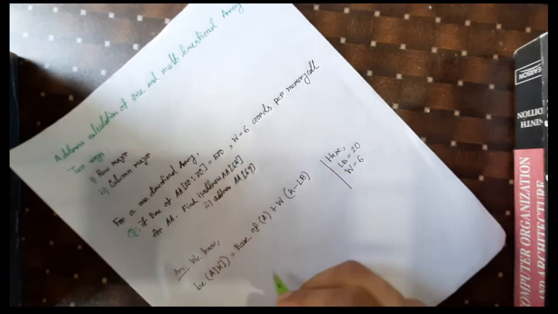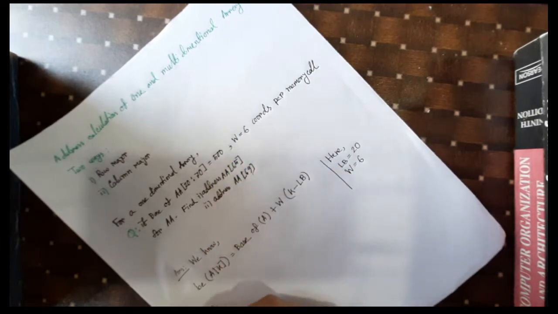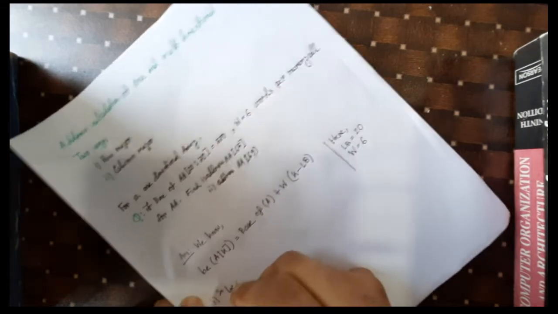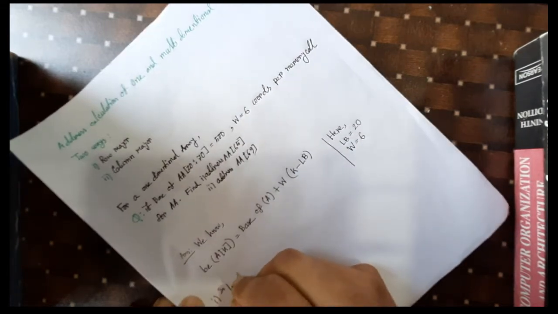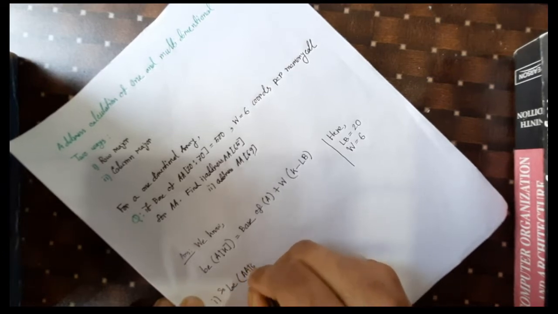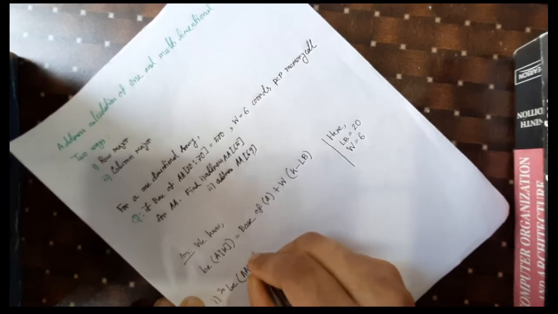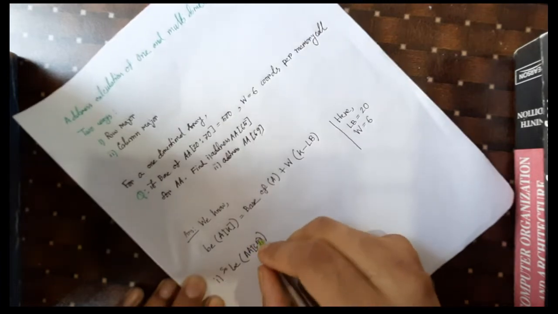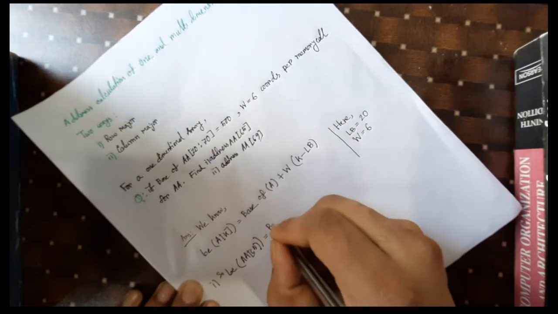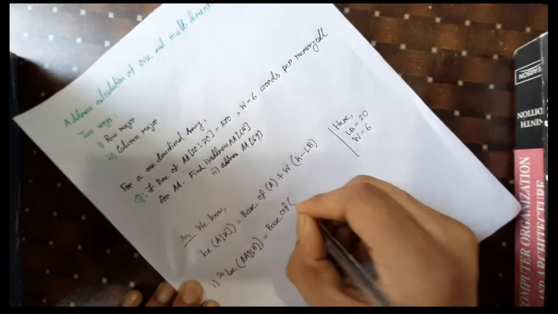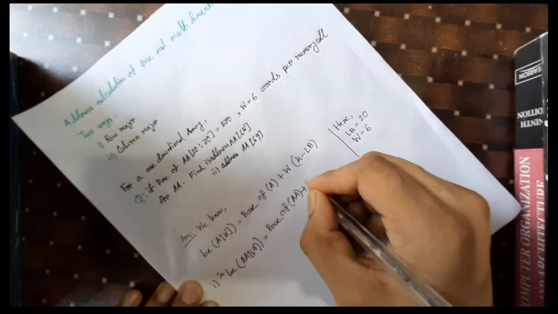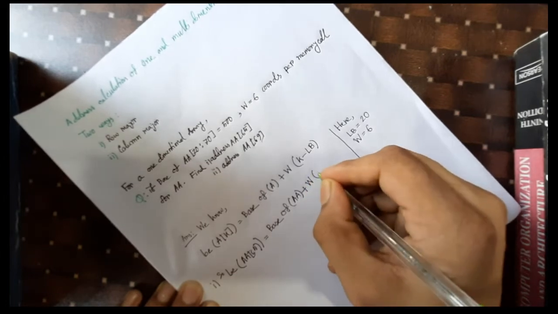Base is given as 500. So the location for A65 is equal to base of array A plus word per cell times K minus lower bound.